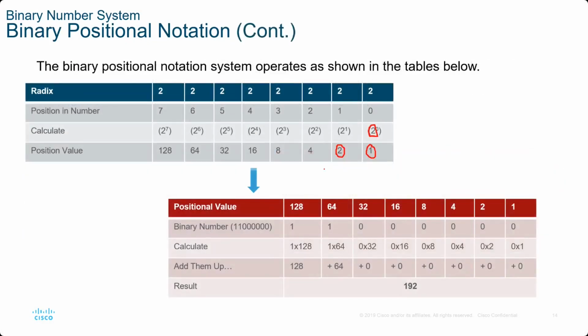Similarly, if you calculate it in binary, you get this series 1, 2, 4, 8, 16, 32, 64, 128. And we only count up to position number 7. Why are we only counting up to position number 7? Because these are the only positions that you need to memorize or understand in order to do conversions for IPv4 from binary to decimal and decimal to binary, because in IPv4 addresses, we have octets which have 8 bits.